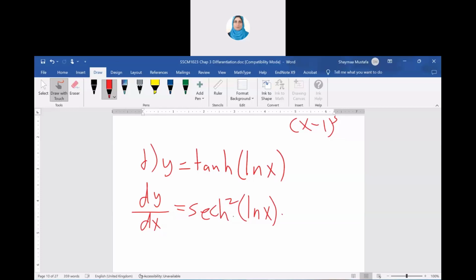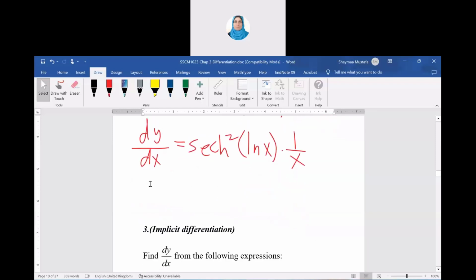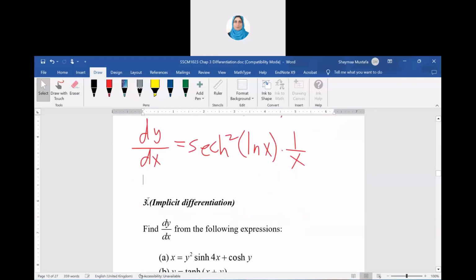The derivative for ln x is 1 over x. So you start from the derivative for tan, which is sec square, but keep the function inside, don't change it. Now the derivative for the function inside, you need to multiply outside. So the derivative for ln x, 1 over x. So this is dy over dx.